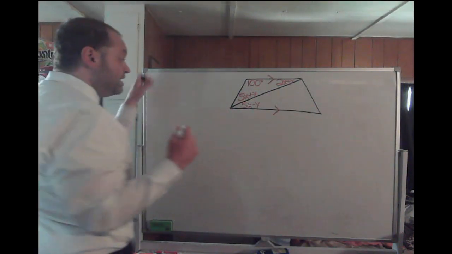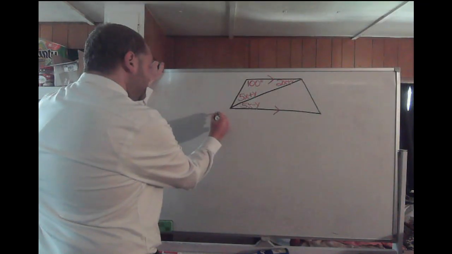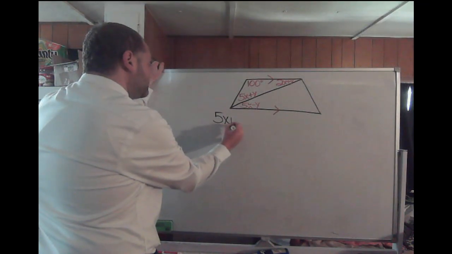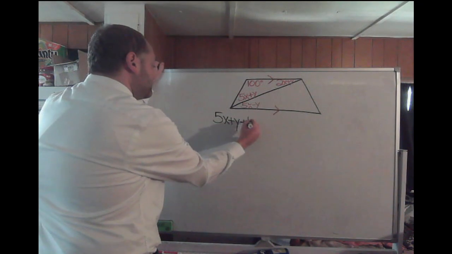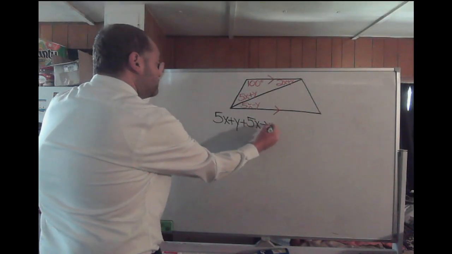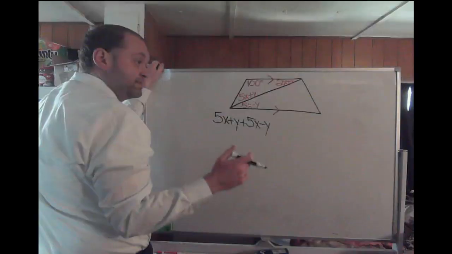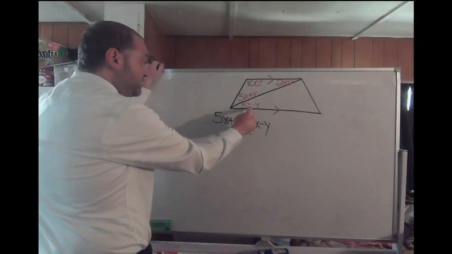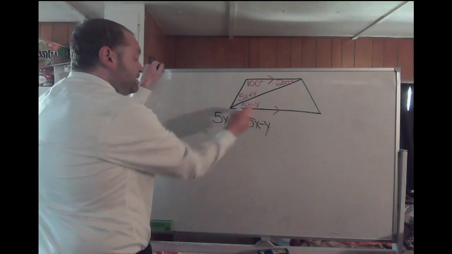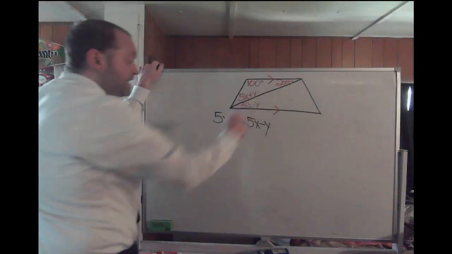So if we take 5x plus y plus 5x minus y, we're doing that because the supplementary angle, the same side interior angle, is this whole thing, because we're not considering the diagonal at the moment.